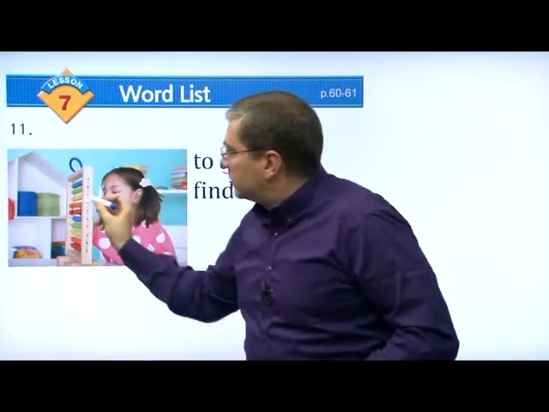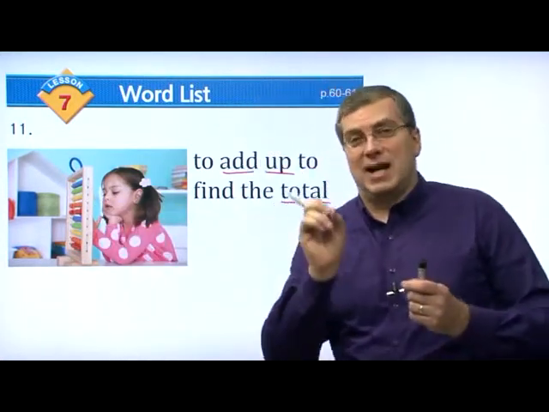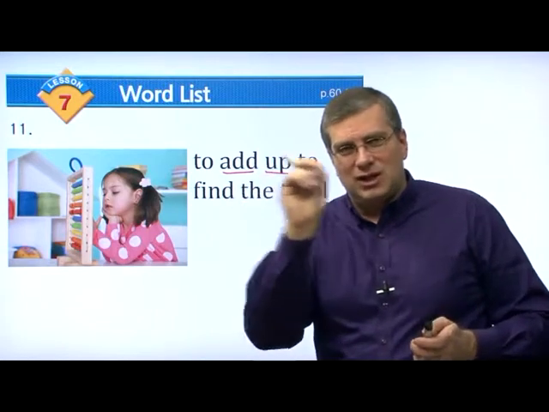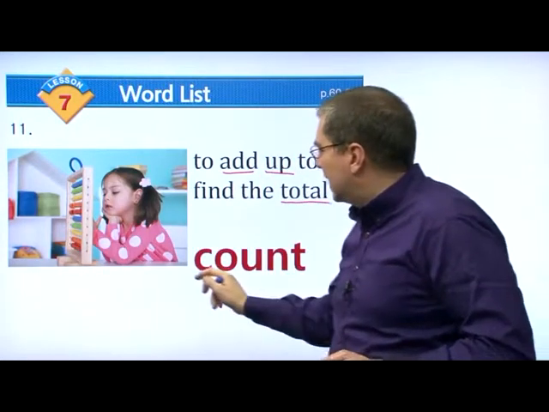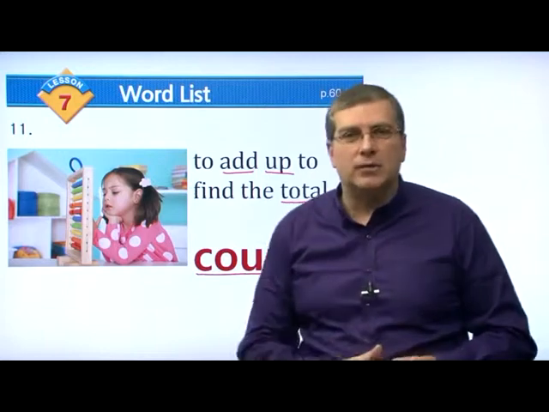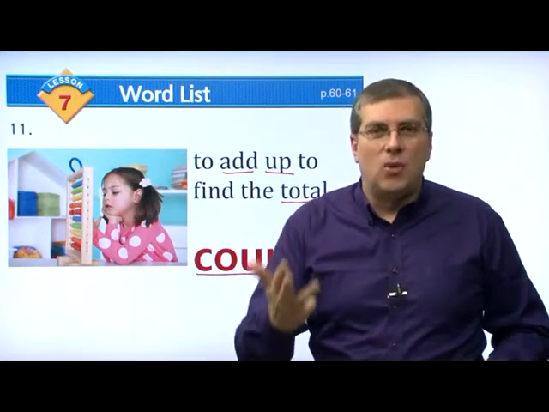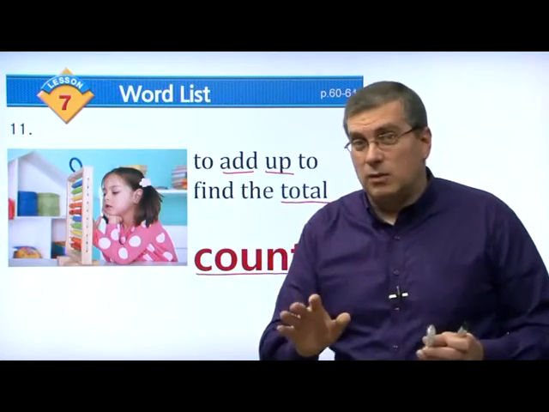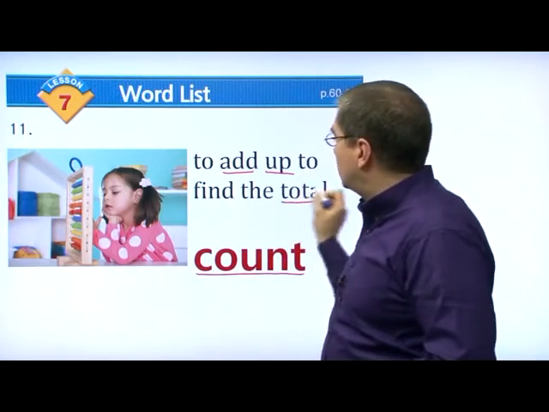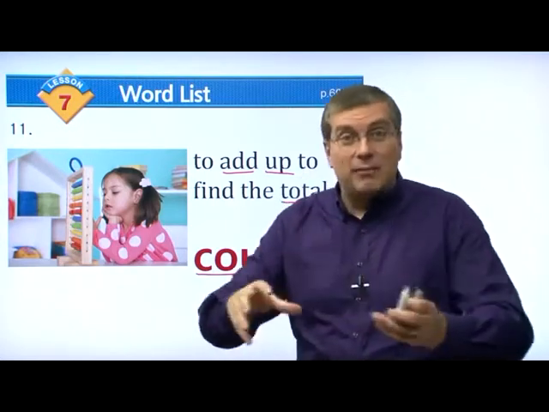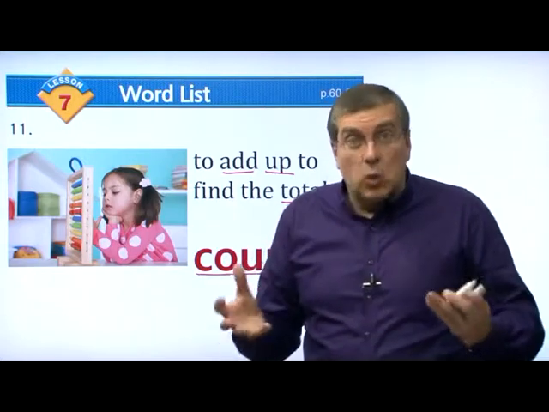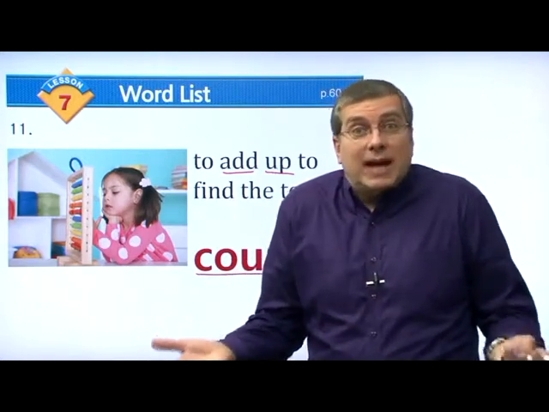Okay? So inside, outside. Next, to add up, to find the total. So this girl is using a very old device to do what? She is counting. To count. 1, 2, 3, 4. That's one way to count. Another way is to add up to find the total. Let's say you have many pieces of candy. You want to know how many pieces of candy you have.